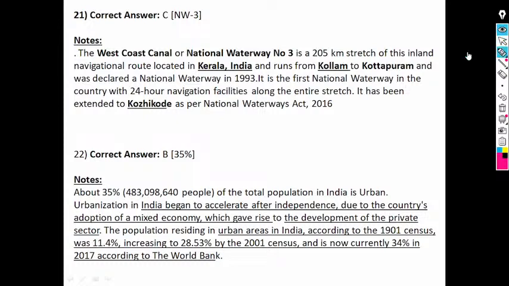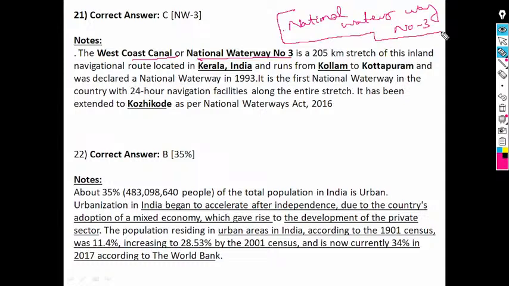Let us discuss the West Coast Canal and National Waterway 3. It is a 205 kilometers stretch of inland navigation route located in Kerala, India.